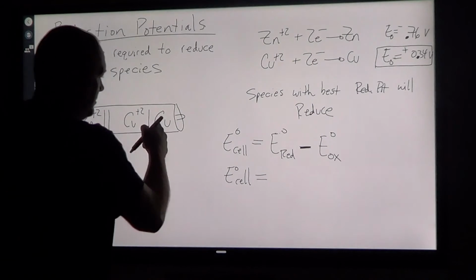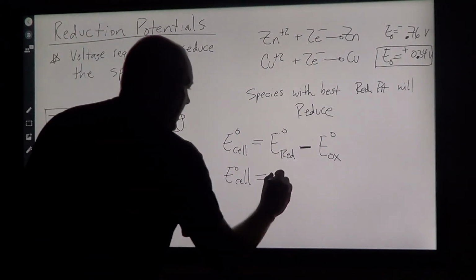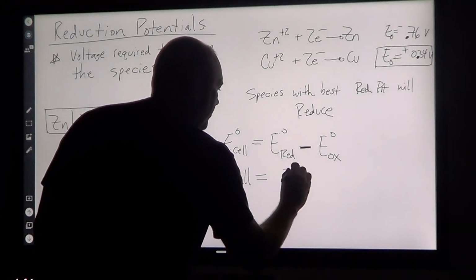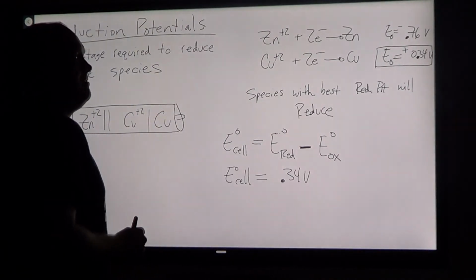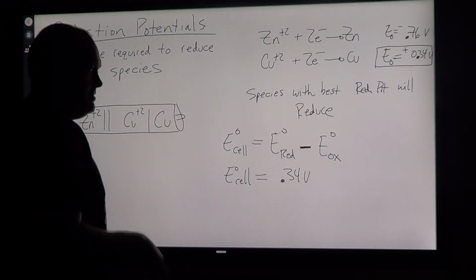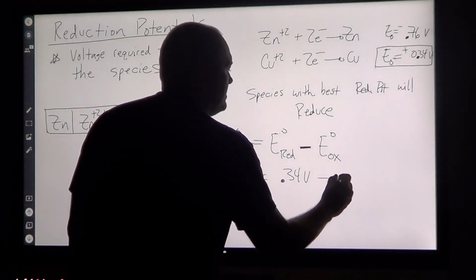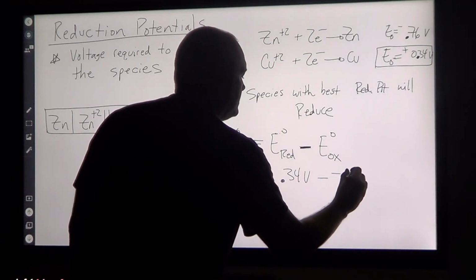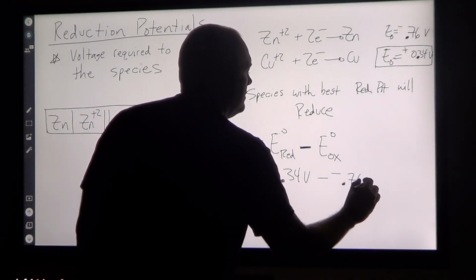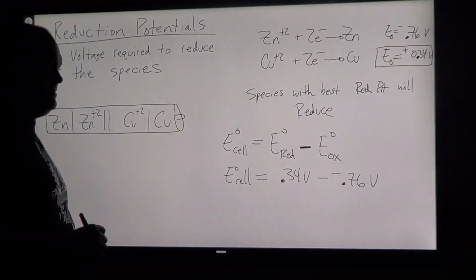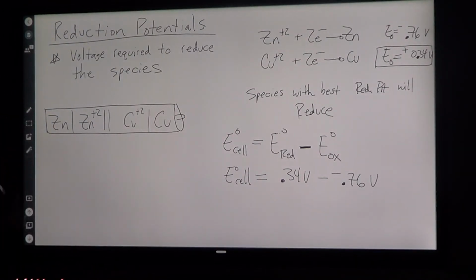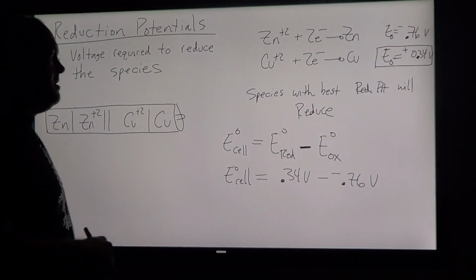So for this voltaic cell, we get 0.34 volts for letting the copper reduce, and we get 0.76 volts by letting the zinc oxidize.